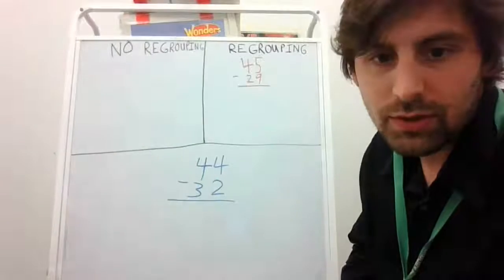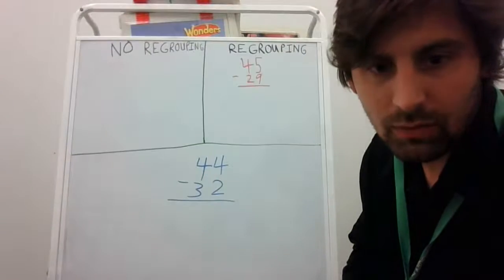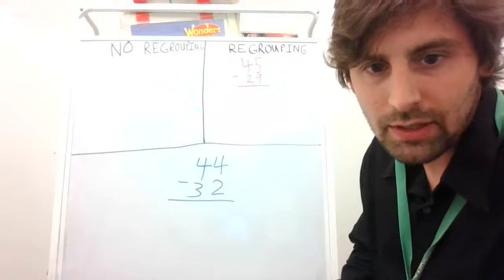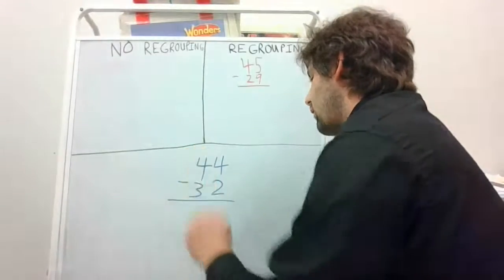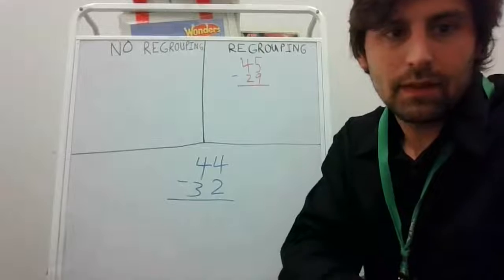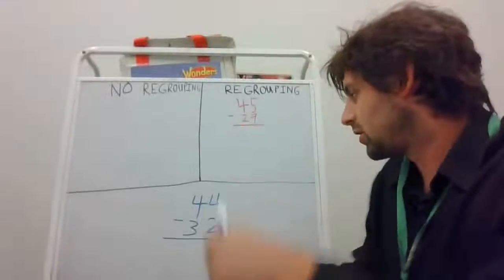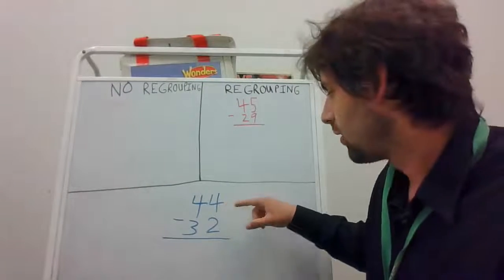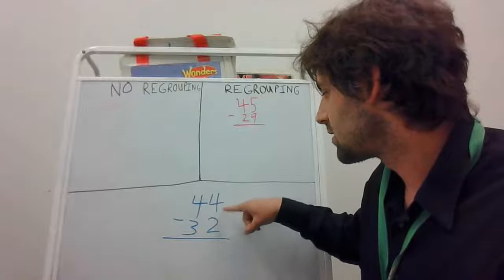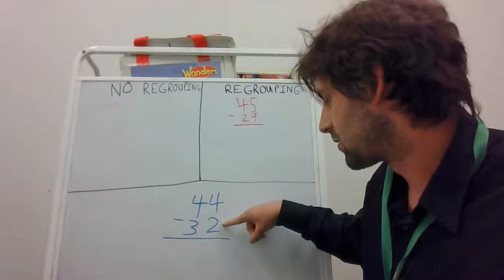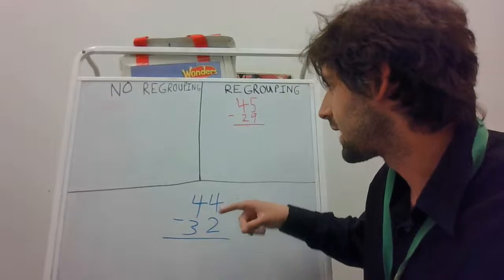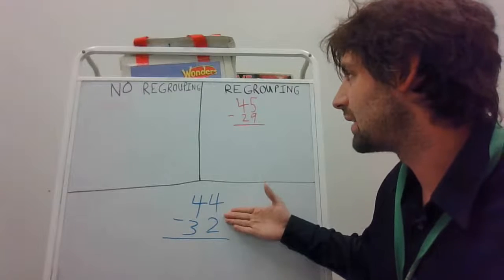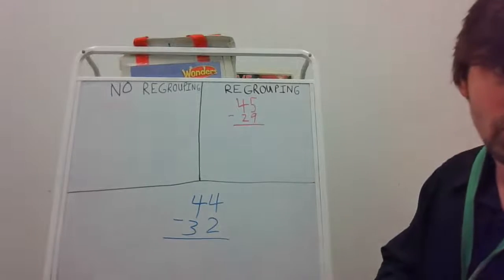The first thing we do is look at the ones place and determine whether or not we need to regroup. In the ones place we have 4 minus 2. 4 is bigger than 2. The bottom number is smaller than the top number on this one. In both the ones and the tens place, the bottom number is smaller than the top number. So for this problem, we do not need to regroup. This is going to go in the no regrouping category.